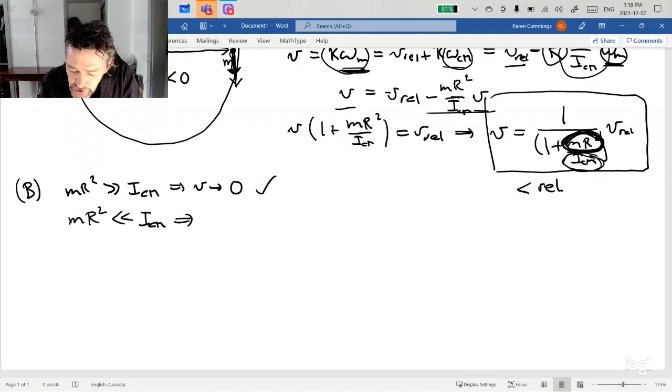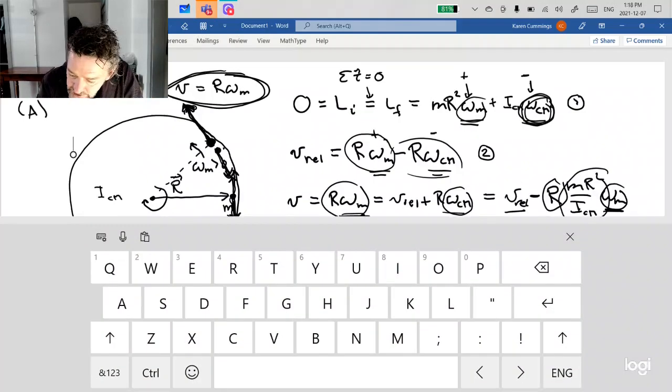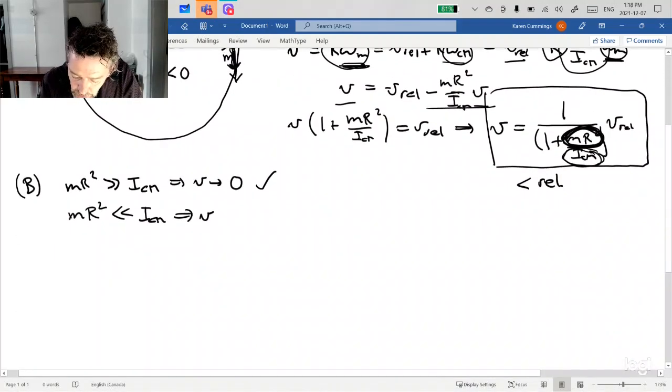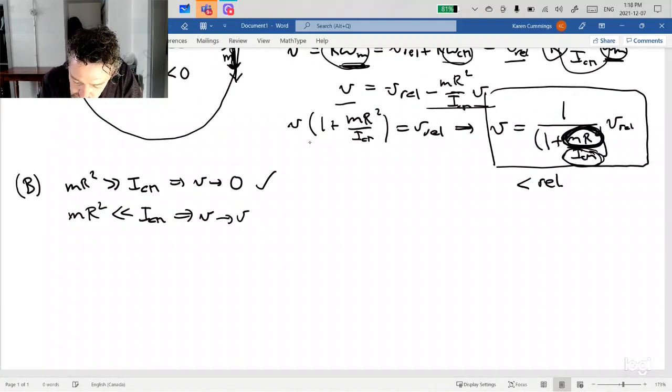So in that case, the speed relative to the ground approaches just the relative speed. And that's right, because if mr squared is really small compared to ICM, this thing is basically 0. So it's 1 over 1 is 1 times v rel. Okay? So that's the idea for that.